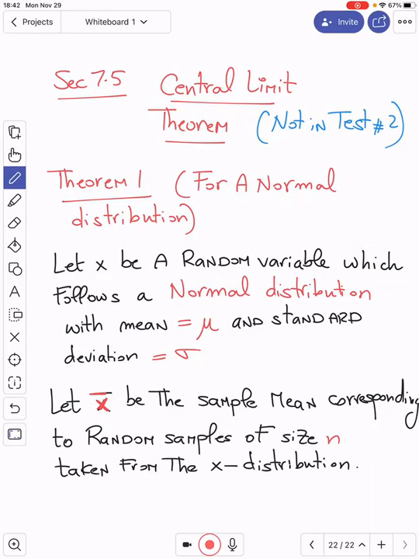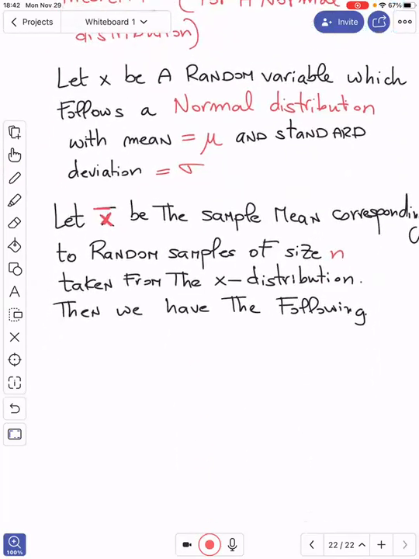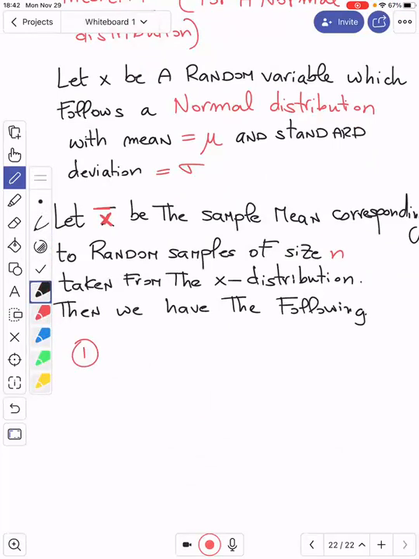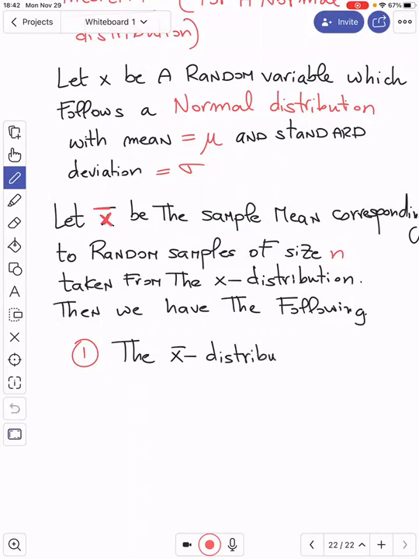Then we have the following. First, the distribution of x bar is normal.